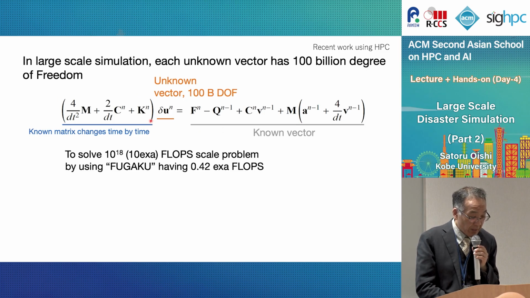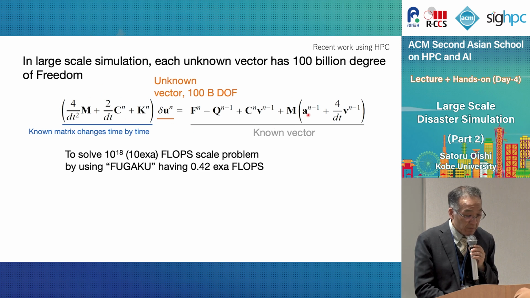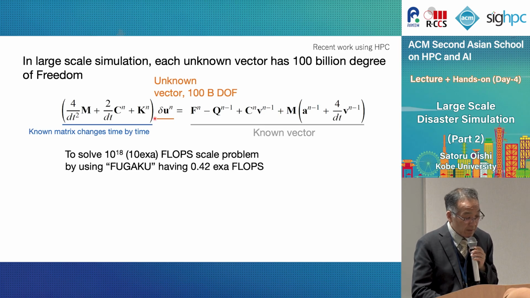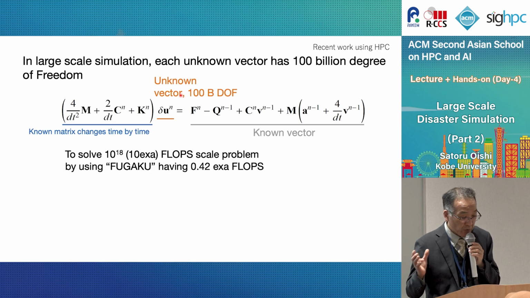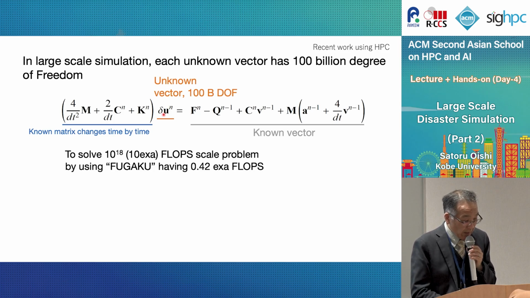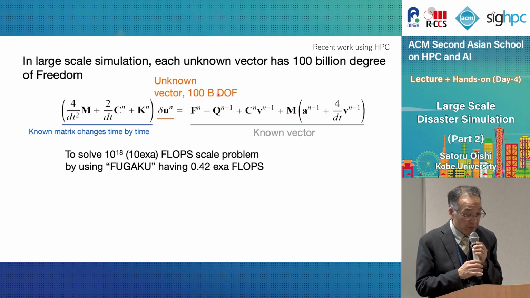This is the norm matrix, which changes time by time. And this is the norm vector. And this is the unknown vector, the position change, delta U, where U means position. So it has 100 billion degrees of freedom.